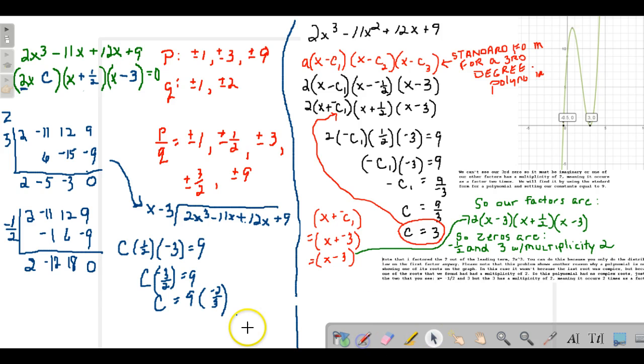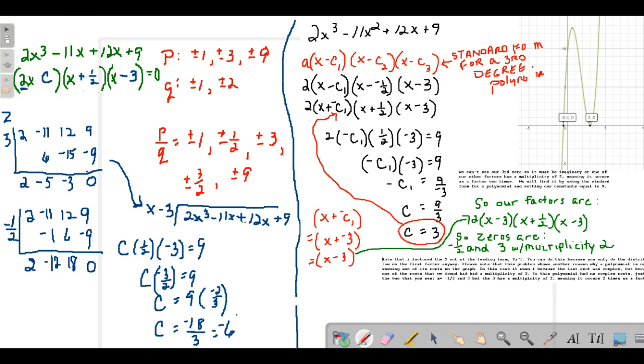And so C, now C, mind you, not X, but C is 9 times negative 2, which is negative 18, divided by 3, and that's negative 6. So that's the value of C. That's not looking at this formula, but just looking over here at these factors. So C is a negative 6.